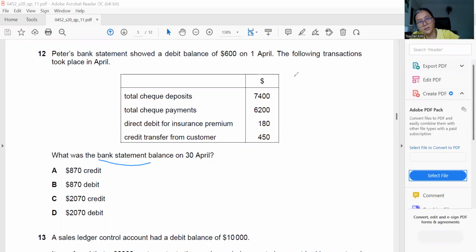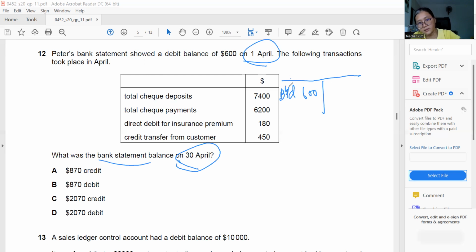Okay, here, we have to adjust the opening. I put in the amount first. This is the beginning, and this is the end. So we have the debit balance 600.